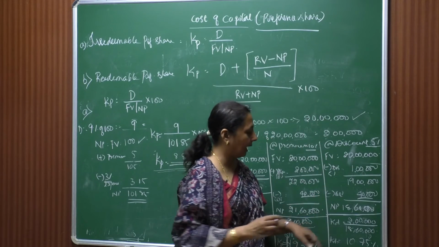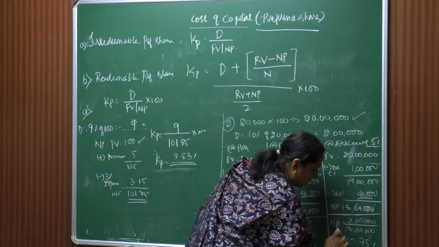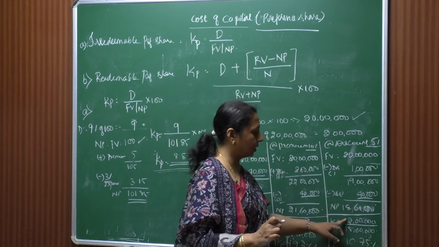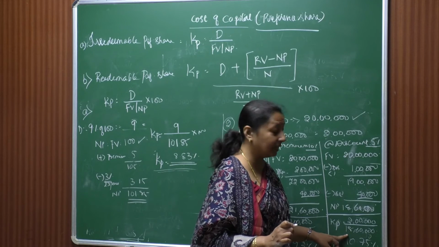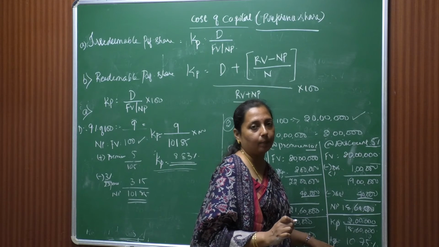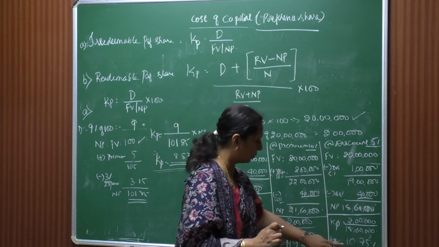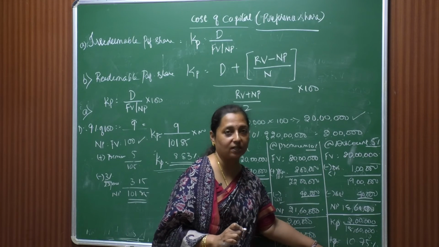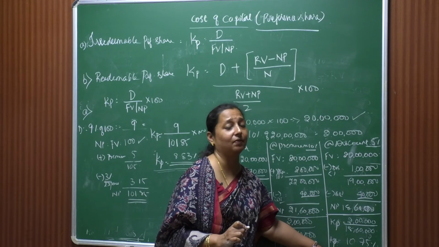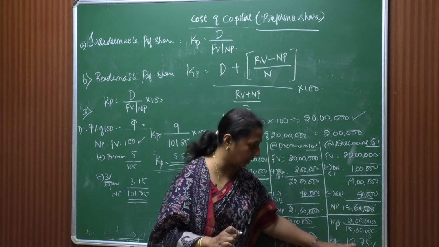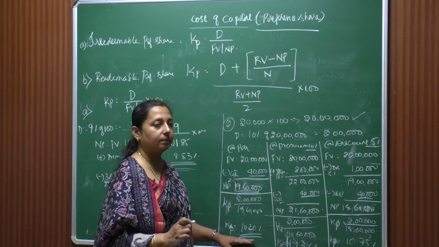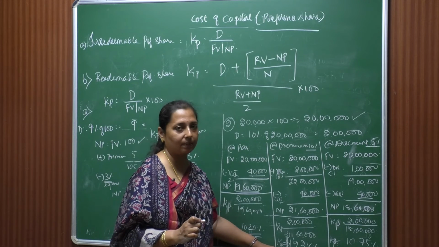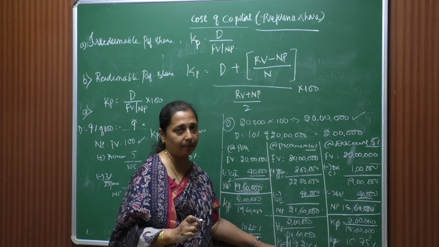Next, calculation of the cost of preference share: 2 lakh divided by 18 lakh 60,000, which gives you 10.75%. You can see the cost of preference shares will always be high when issued at a discount, 10.75%. When issuing at a premium, it is comparatively lesser.